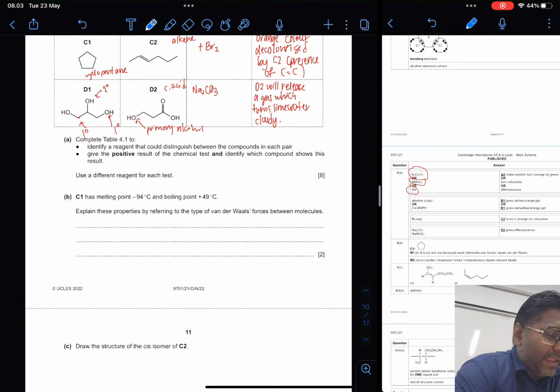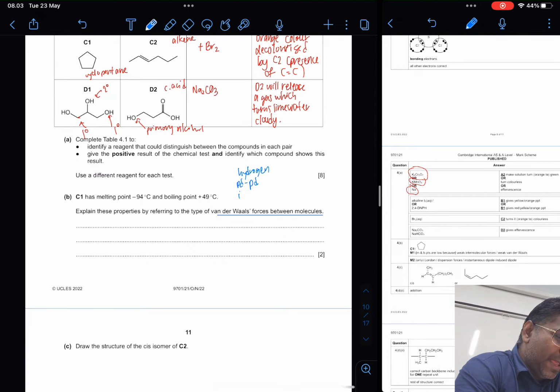Now C1 has a melting point of -94 and a boiling point of 49. Explain these properties by referring to the type of van der Waals forces between the molecules. We have to consider whether we are talking about hydrogen bond, PD or ID.